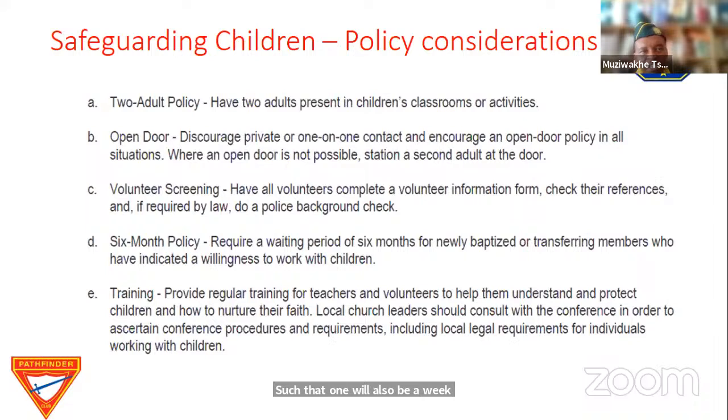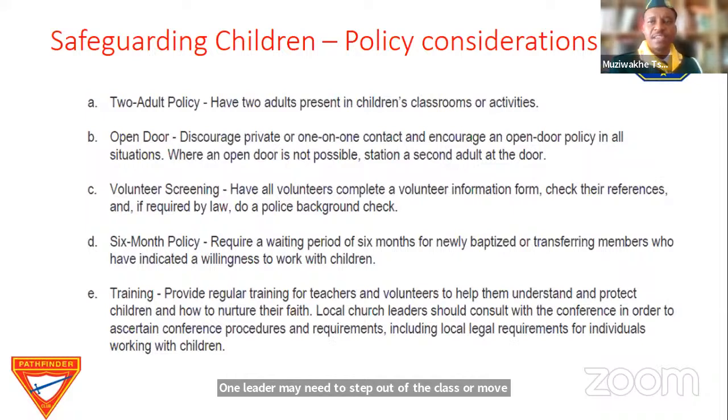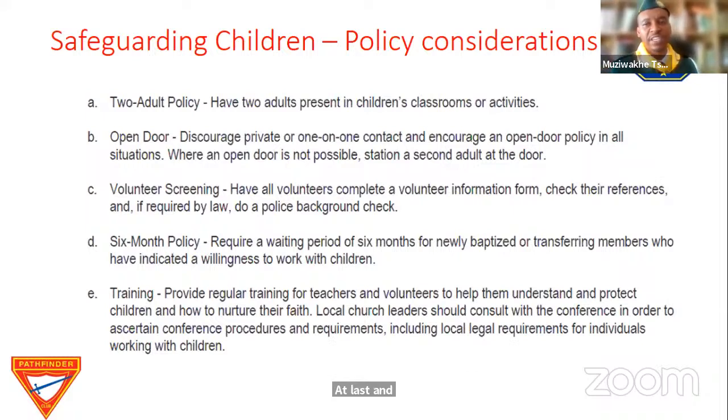If something is happening in the class, they are able to actually testify or give a true account of what happened. The reason for this, leaders, is that in most cases, it does happen that one leader may need to step out of the class or move away from the class, and there will be someone who actually supervises the activities.